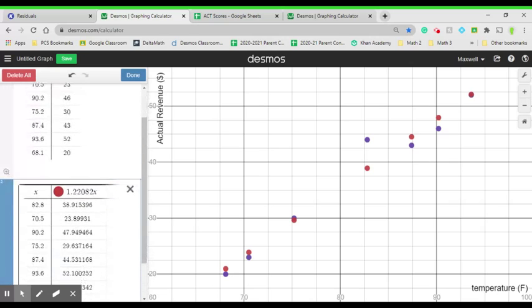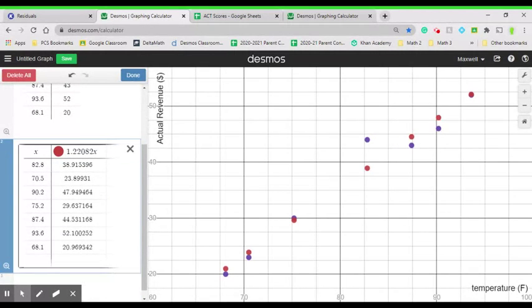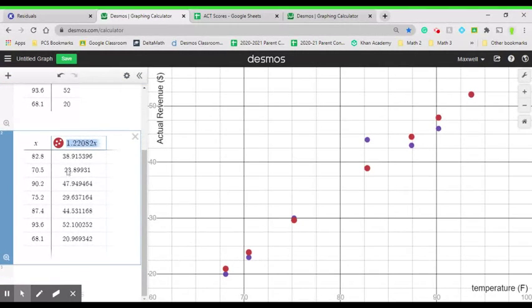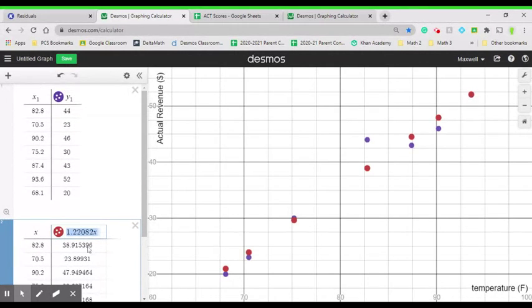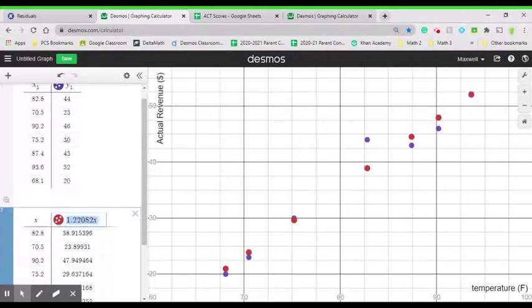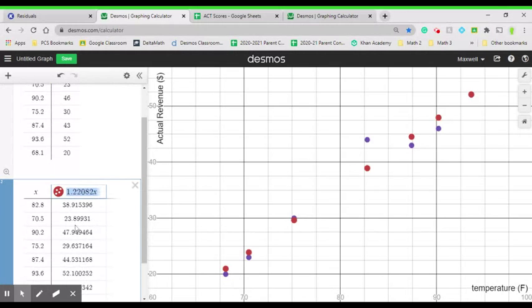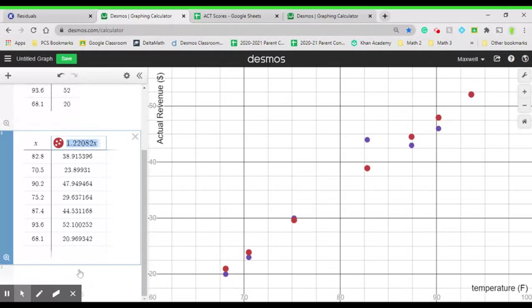So we have all of that happening here. Okay. Well, we are now going to compare these numbers. So for instance, we could do 44 minus 38.9, and that would be our residuals there. And we could build another table with these numbers if we wanted to, instead of using our table feature in Desmos. But we could use it to just save time here.